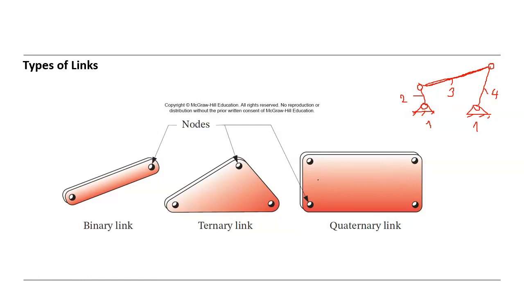Could be binary or ternary. That means it has another joint here with this shape, and the joint may be connected to other links like this.